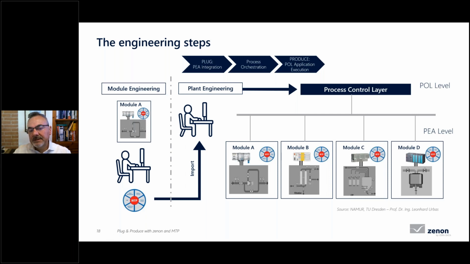In this case, using this nice picture from Dresden Technical University, they have, for example, to use 4 modules, A, B, and C, with different PLC types, as you can see here, but what they have in common is the MTP description, and the communication via OPC UA. So they are able to plug every module, to orchestrate the modules, and finally to produce the application. So this is exactly the engineering steps we have to do.